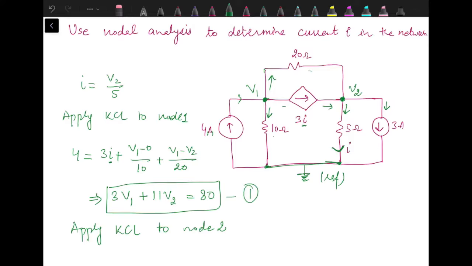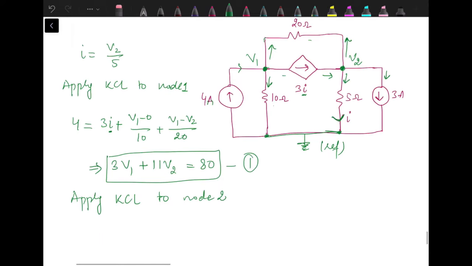As the direction of current through the 20 ohm is unknown, let's consider this as outgoing. So current through the 20 ohm resistance is V2 minus V1 by 20. Then we have 3 ampere leaving the node, V2 by 5 again leaving the node, and only 3I is flowing towards the node.